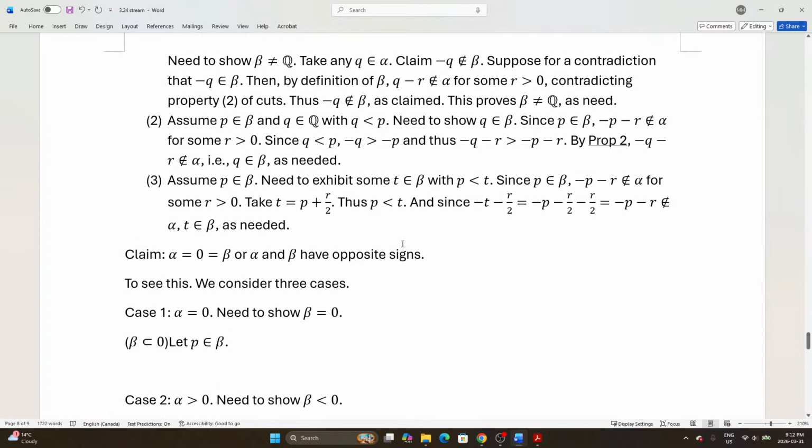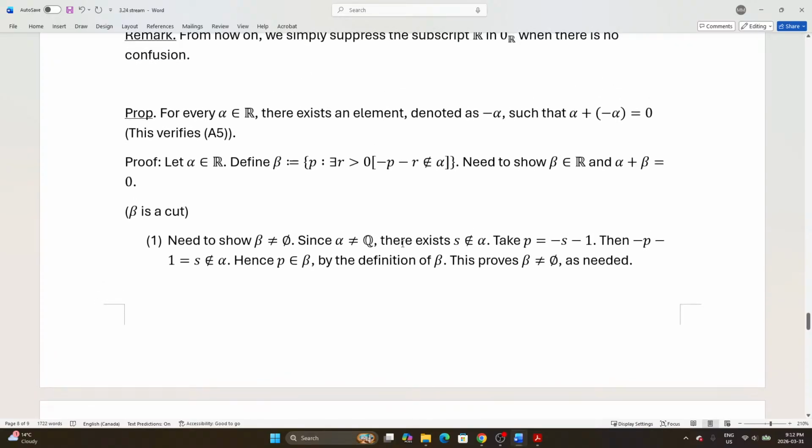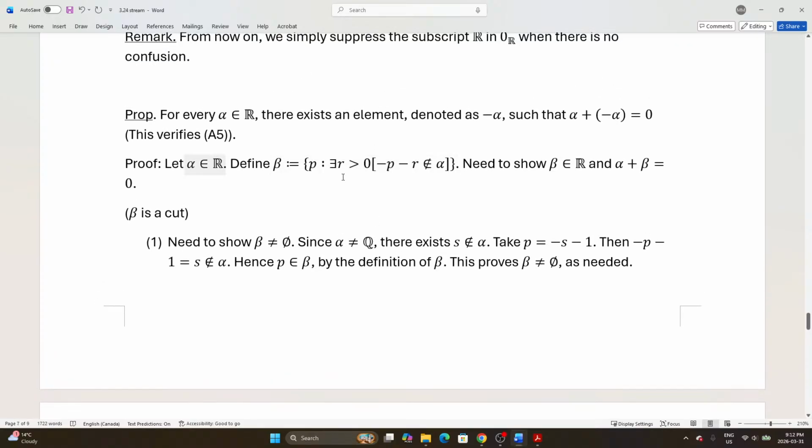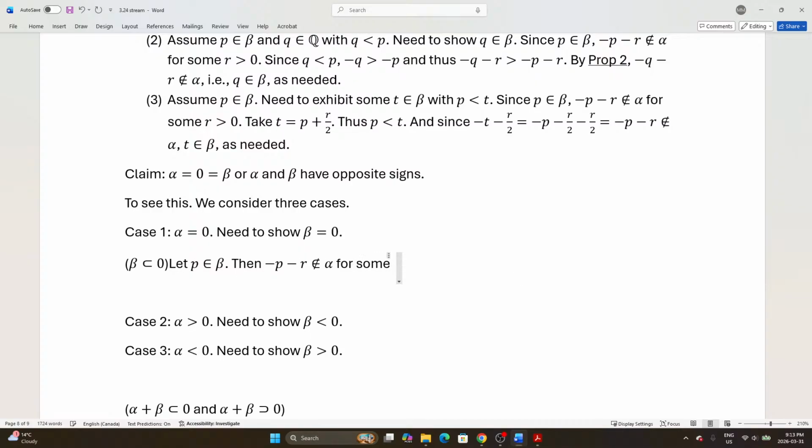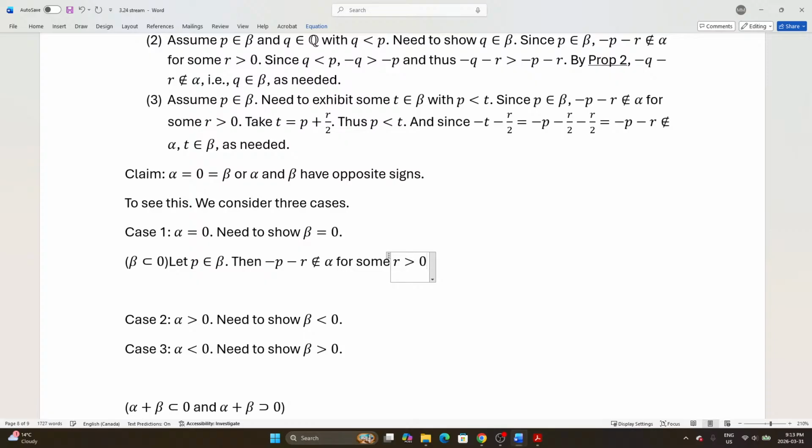If P is in beta, then minus P minus R is not in alpha for some R positive.